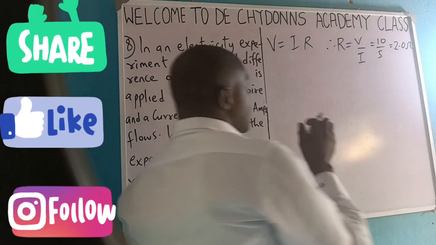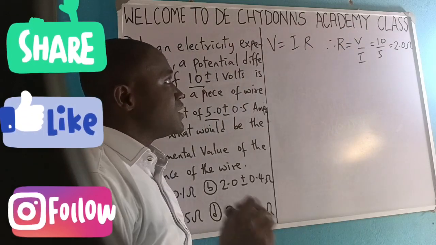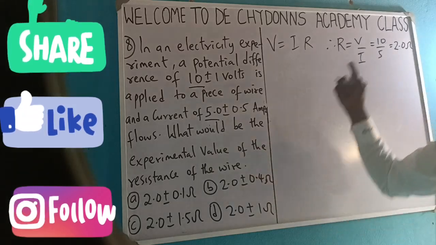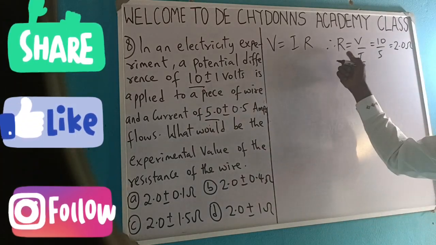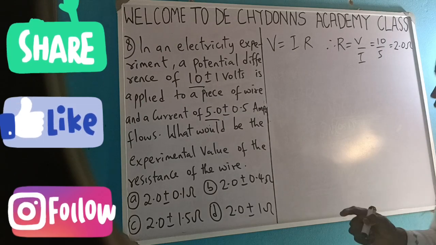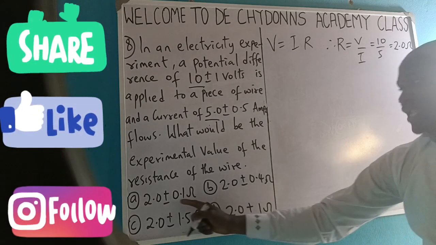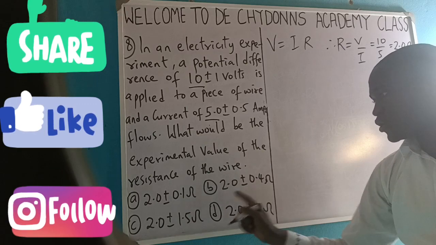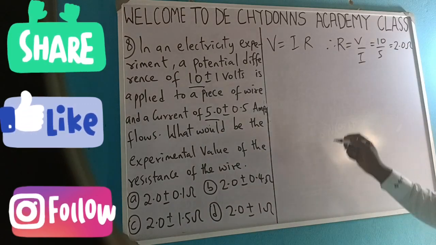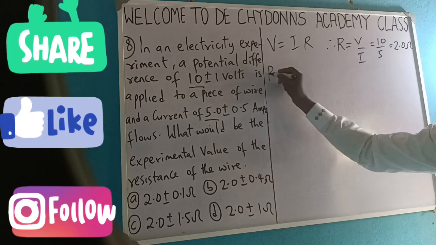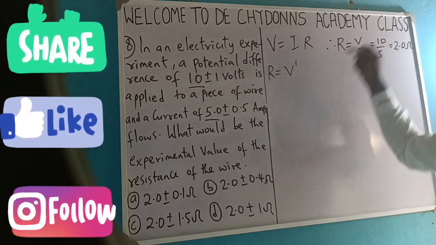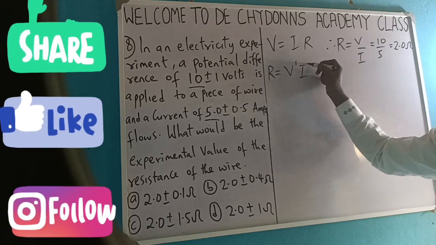We want to get the error. What is the value of the error encountered while getting this effective resistance of this resistor R? That is what you are seeing in these options, plus or minus. That means the error. To get it, ask yourself, V is raised to power 1, I is raised to power of minus 1.